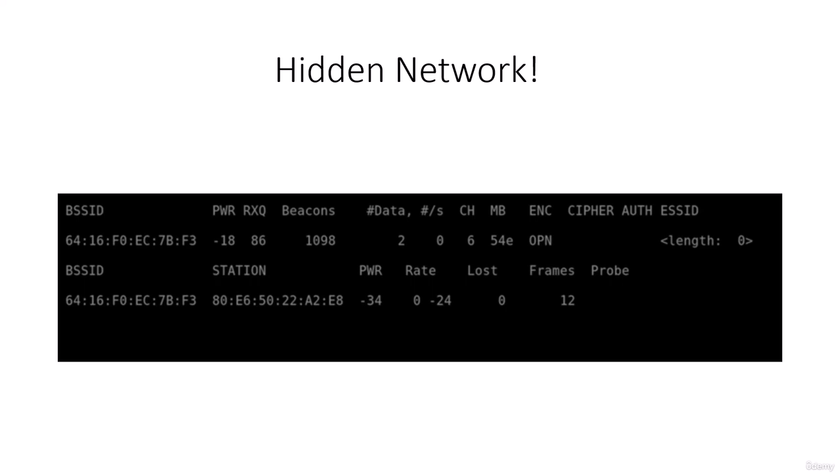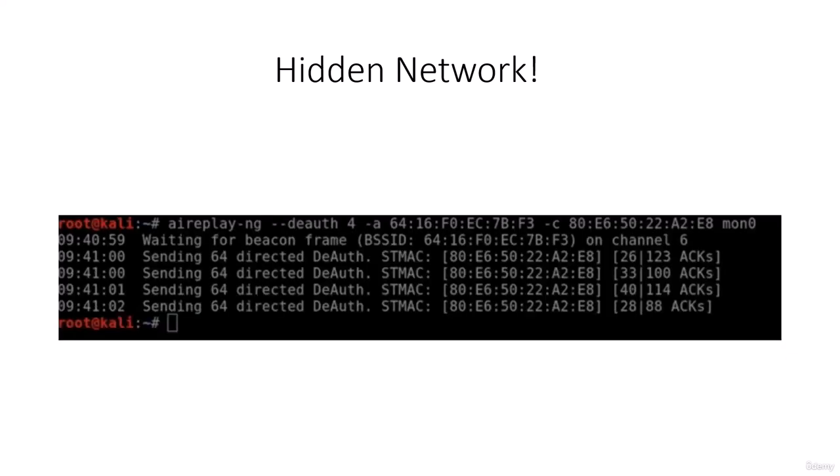All you are going to do is type this command, aireplay-ng, and this would be your connected machine and its MAC address. So we will be able to capture the name and know the network name.